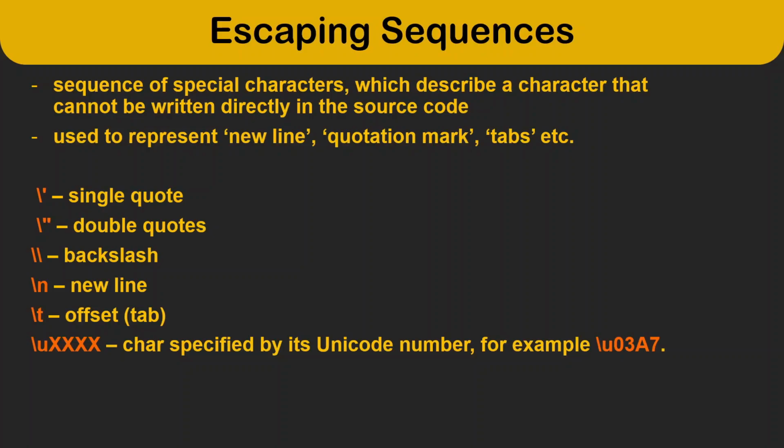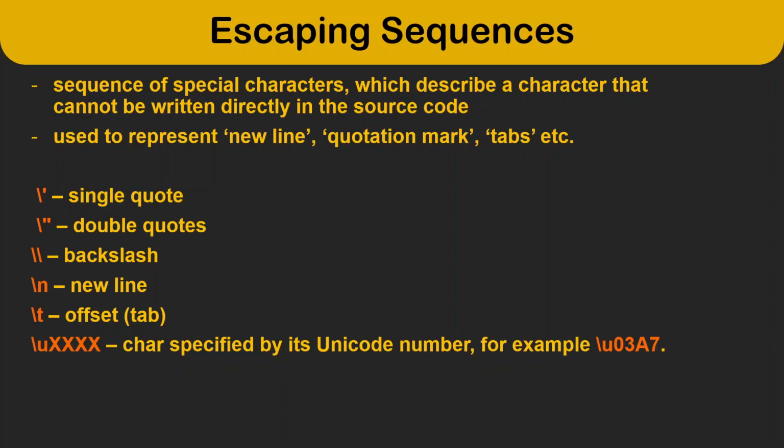Sometimes it is necessary to work with characters that are not displayed on the keyboard, or with characters that have special meanings, such as the new line character or tabs, quotation marks, etc. Those characters cannot be written directly in the source code.